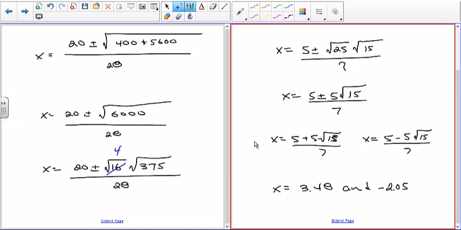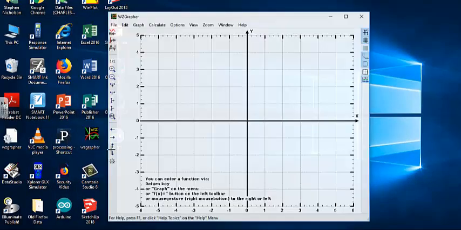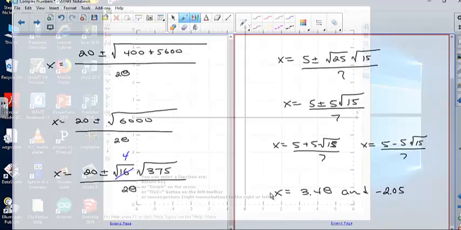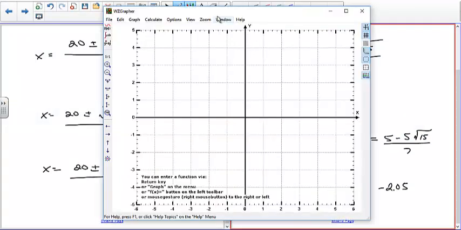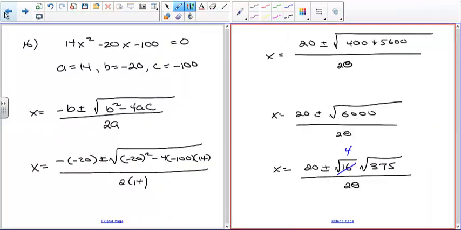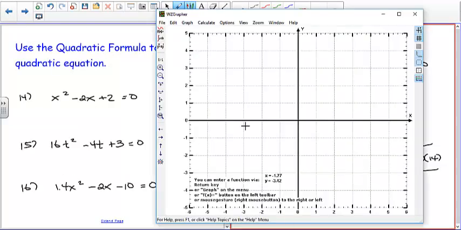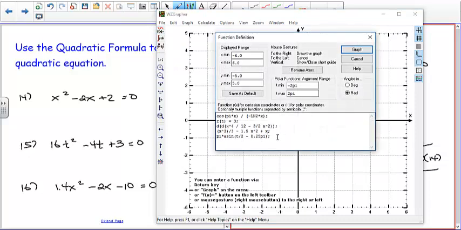So let's plot this thing and see whether the zeros match. To find the solutions of functions, one thing you can do is plot the polynomial. So let's go back and figure what that was. So the original polynomial is this. So we have 1.4 x squared minus 2x minus 10. So that's y equals that.